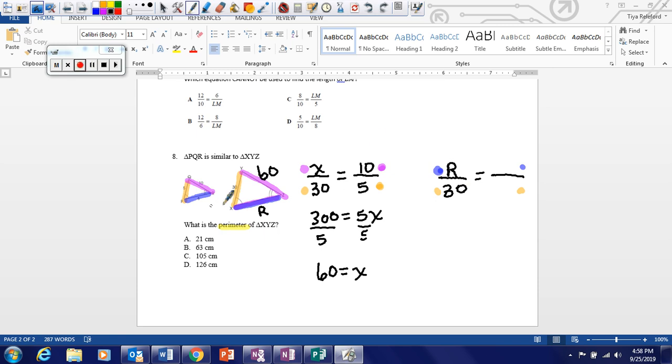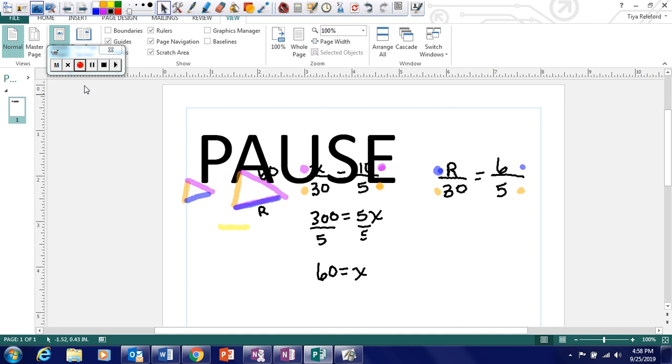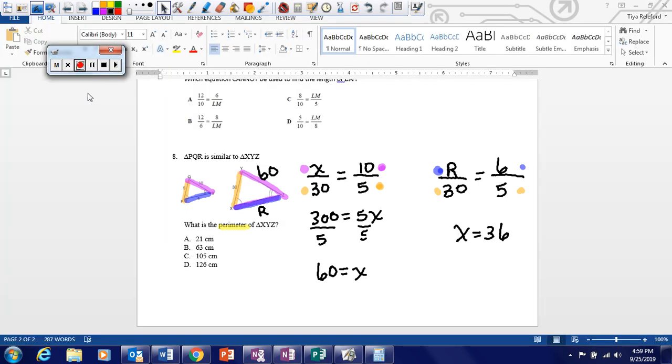The color for blue is 6 and the color for orange is 5. Then you're going to solve that proportion. So right now pause and solve. So what I discovered was X equals 36.